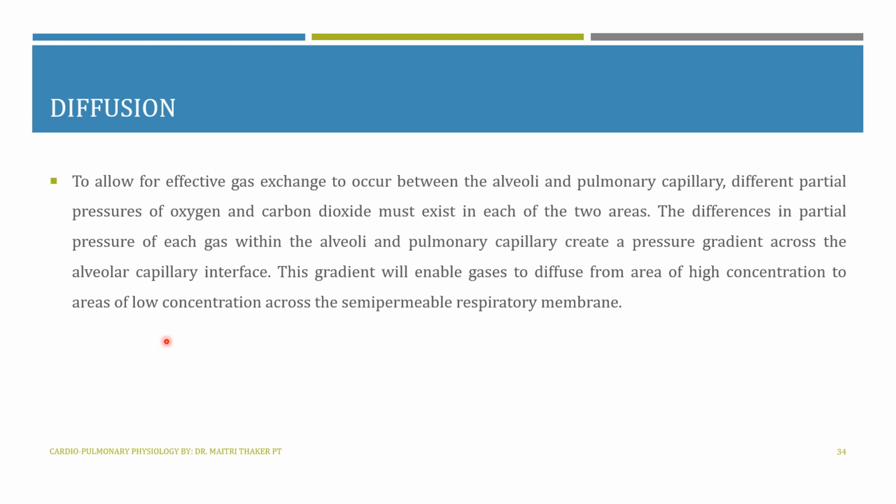The differences in partial pressure of each gas within the alveoli and pulmonary capillary create a pressure gradient across the respiratory membrane. This gradient will enable the gases to diffuse from an area of high concentration to an area of low concentration. Okay.